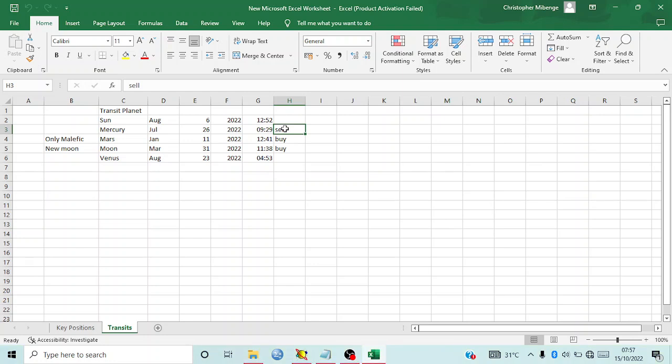So what we do is that once we find these transits, they might be for the malefic planets on the opposite or square to the directional places of the significators, or it might be the new moon transits, or it might be just general transits for any planet on the directional and radix position of the significators.